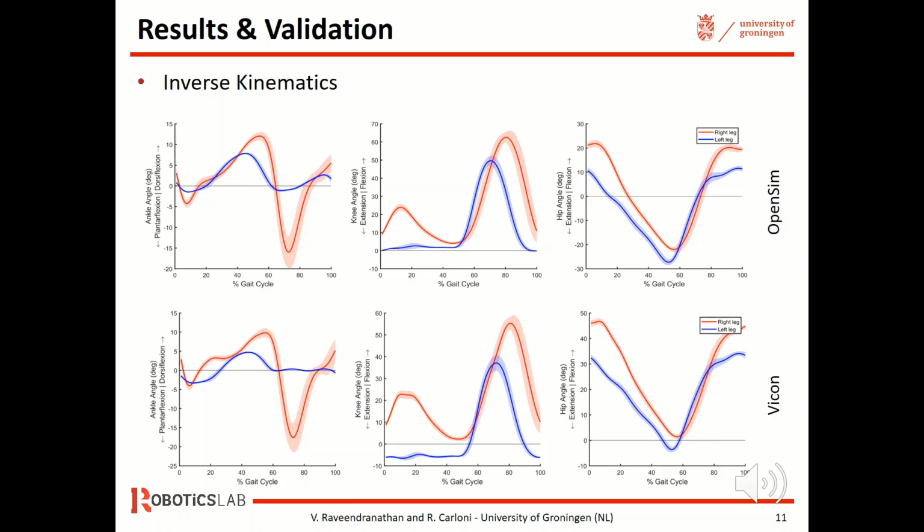The results obtained from the Vicon lower body gait plugin and the developed model in OpenSim are shown here. Here we see the inverse kinematics results. The ankle angle of the prosthetic limb is always in a dorsiflexed position as the subject is using a passive prosthetic foot.